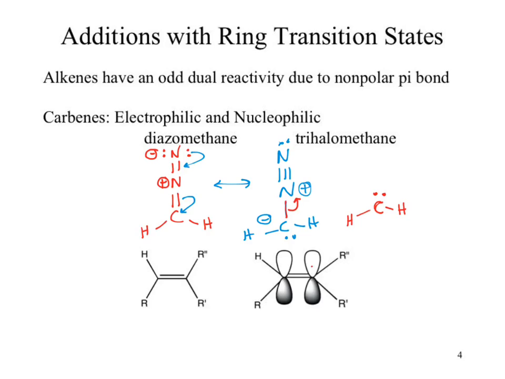What can you put into that p orbital? Electrons, say from our alkene. So the alkene can donate electrons up to the carbon, which then kicks out that other molecule. What molecule is that? N2. Nitrogen gas.